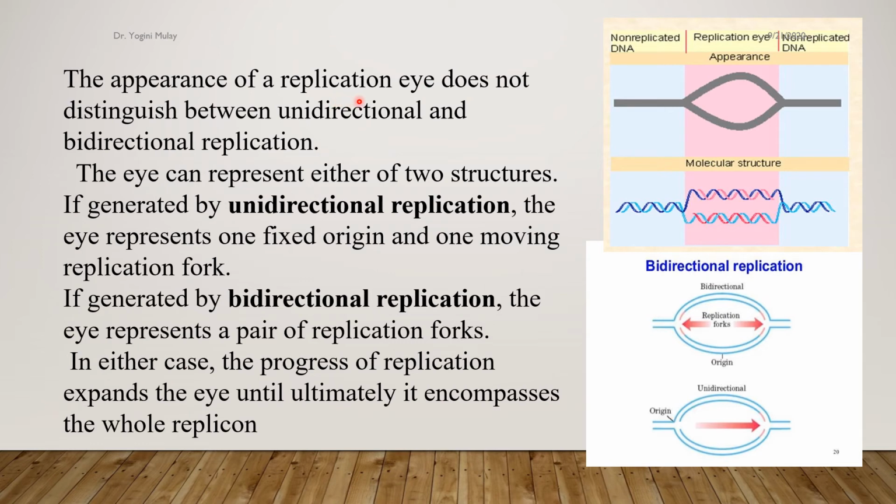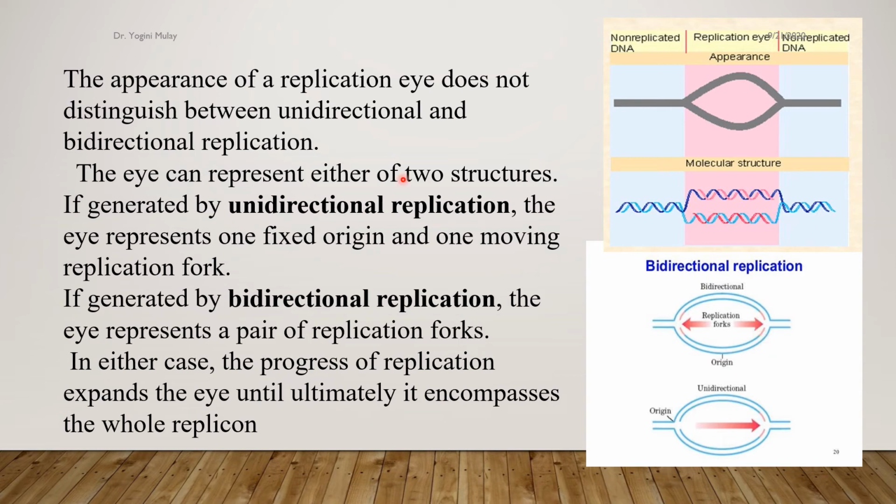The appearance of replication I, this is the replication I, does not distinguish between unidirectional and bidirectional replication. That is what I said. Just by looking at this replication I, we cannot comment. This is the molecular structure of replication I. We cannot comment whether this is the unidirectional mode of replication or bidirectional mode of replication.